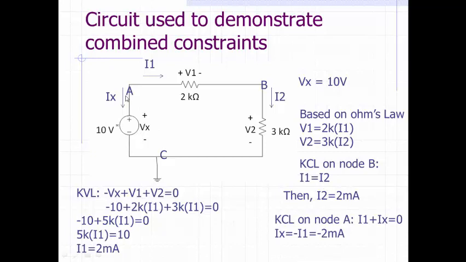And then Ix at node A, you can write out KCL, current in equals current out. Both currents are out, there's no current in, so I1 plus Ix equals 0. So Ix equals negative I1, equal to negative 2 milliamperes.